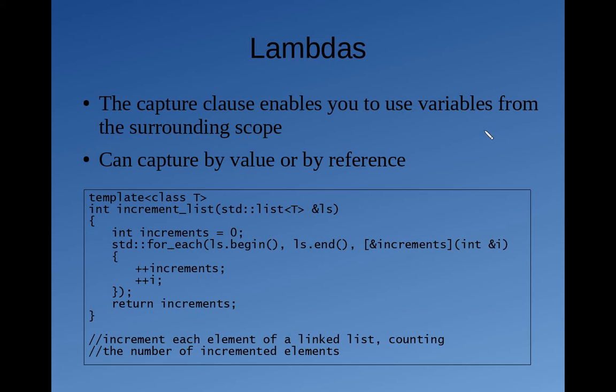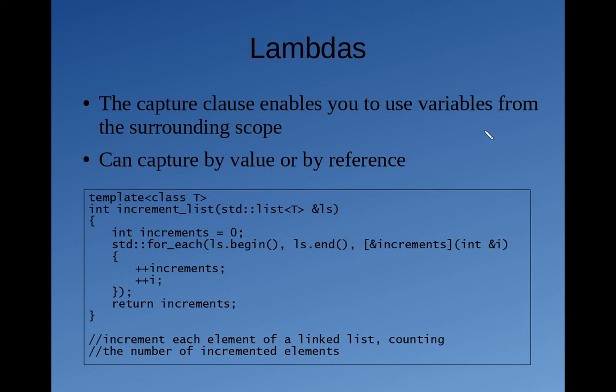The capture clause, like I said, enables you to use variables from the surrounding scope within your lambda. Here's our example function. It's a templated function, increment list. It accepts a list ref as an argument, and it takes that list and invokes std::for_each. for_each gets a lambda.